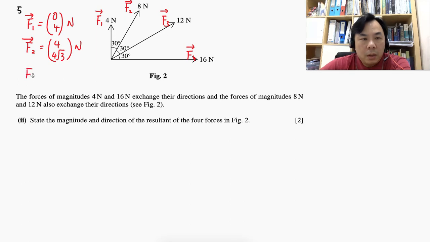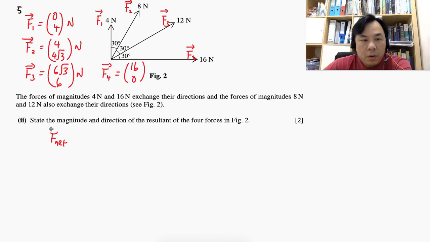My third force is all over here. That is typically 12 cos 30, which is 6 sec 3, and 12 sine 30, which is 6 here. And finally, F4 is the easiest one to work with. It's merely (16, 0).